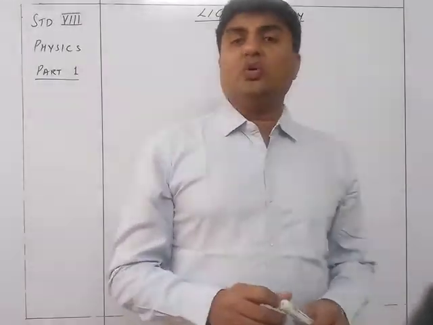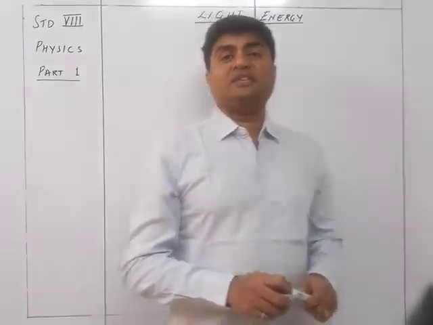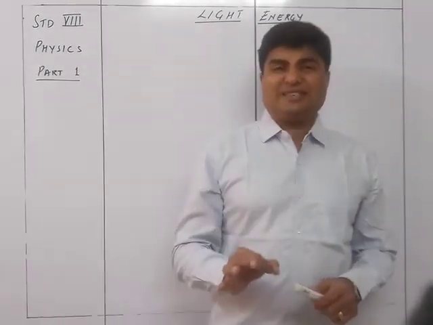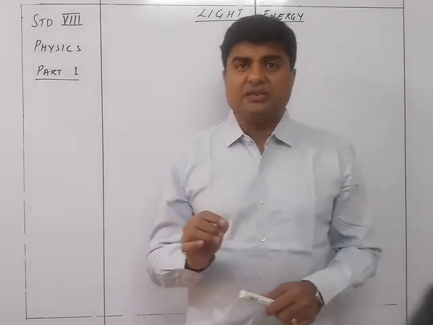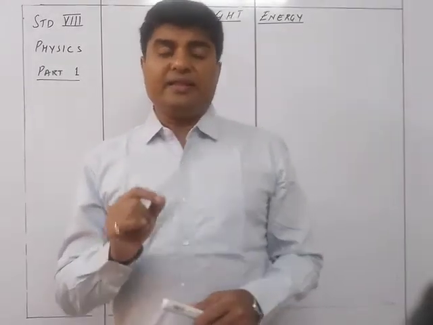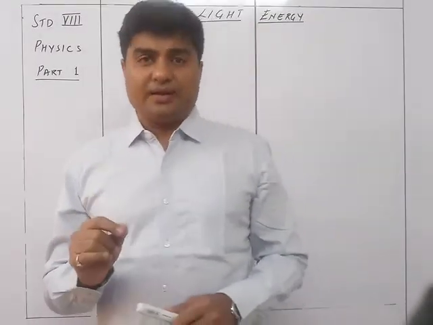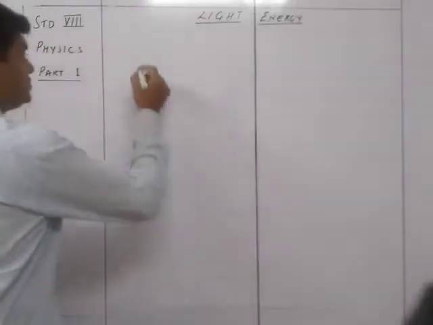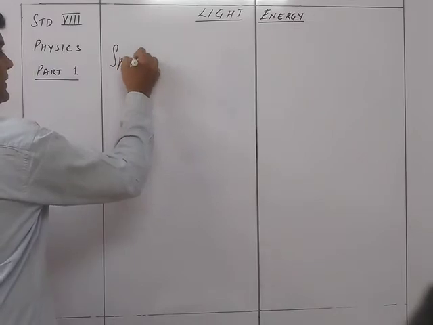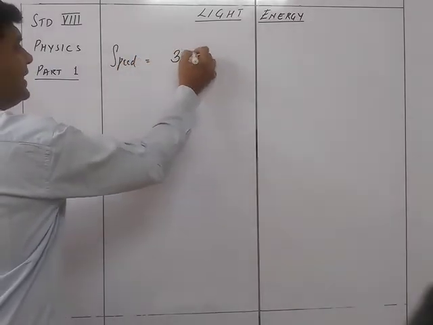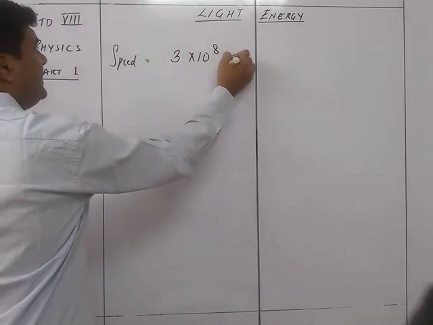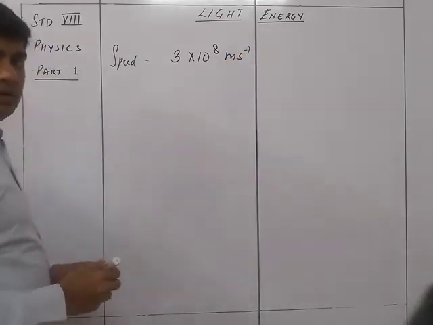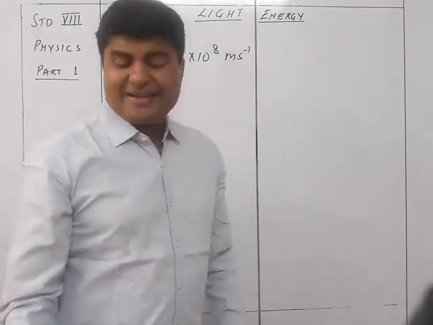Now it is also known that light is something which is traveling as the fastest. The fastest thing anything can travel is light, and the speed of light is given as 3 into 10 raised to 8 meter per second. That is 3 and then 8 zeros.